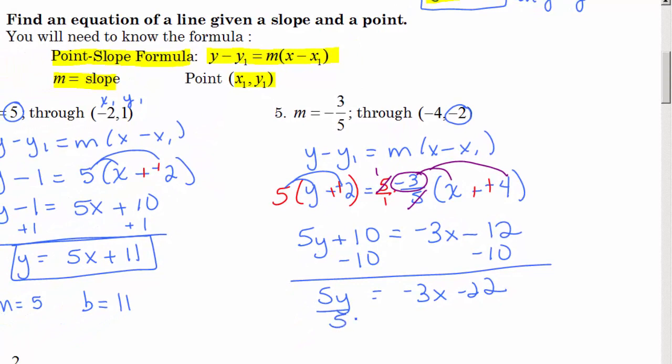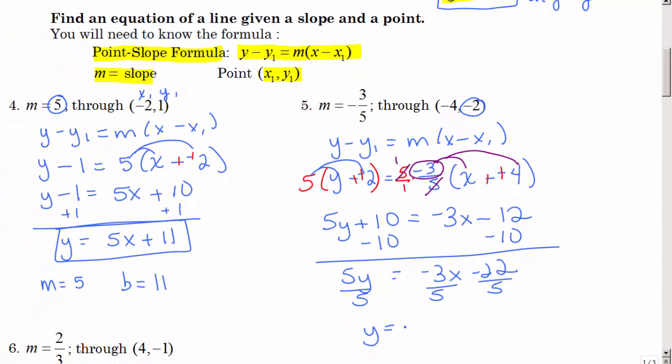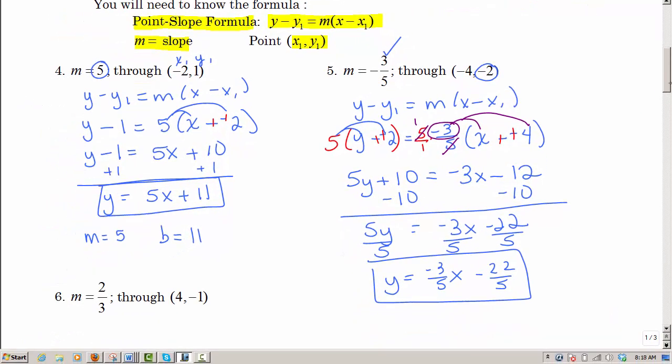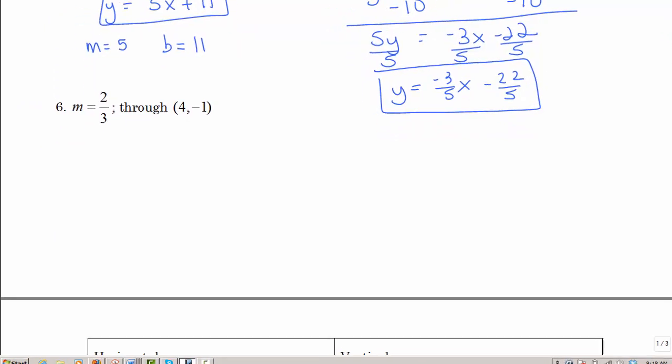Last step, divide by 5, and again, instead of drawing one big long line, do it separately like we did in the last lesson, so we are getting y by itself. So I know my m is negative 3/5, which matches the problem, and now I know b is negative 22 over 5. Alright, let's practice that fraction stuff again.